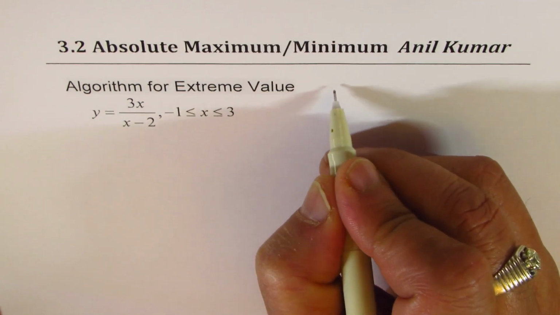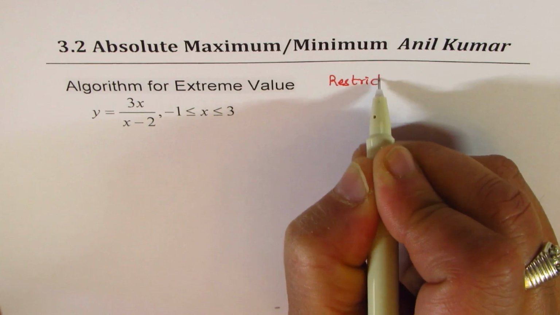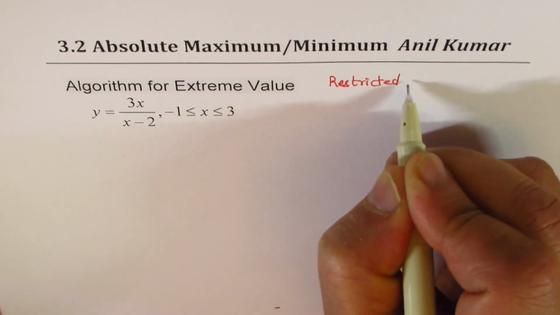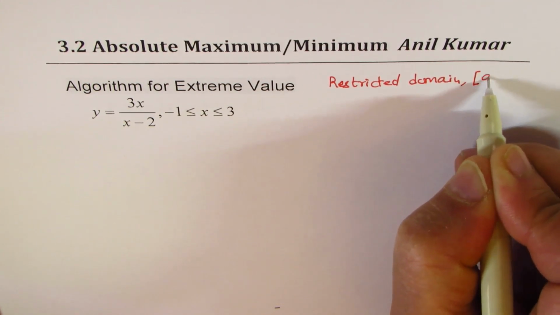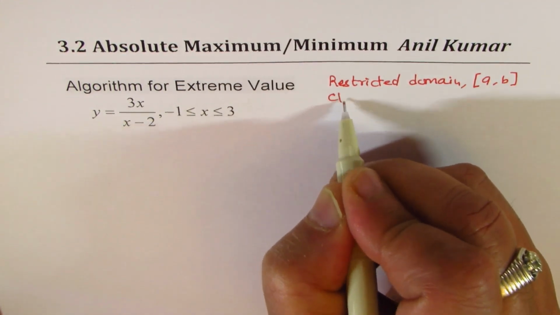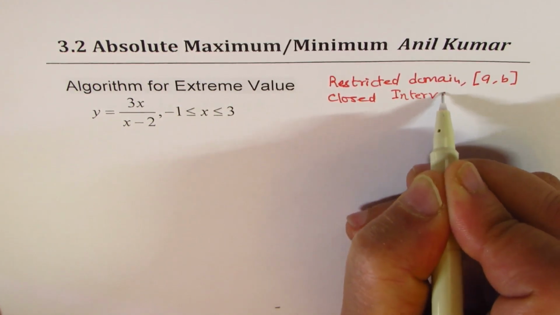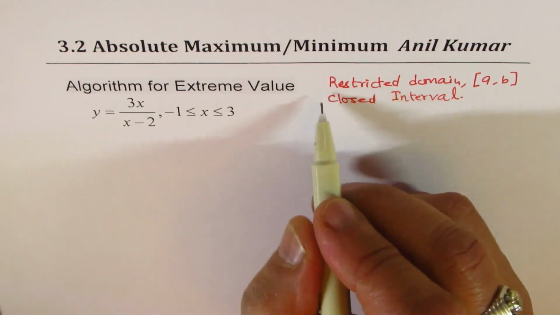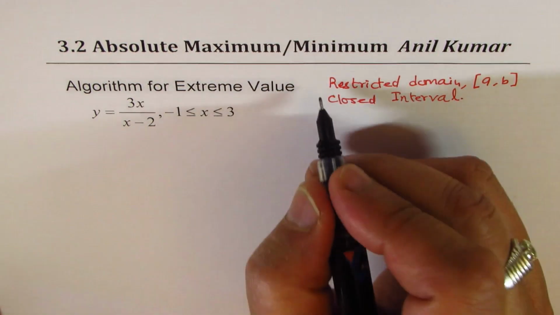The algorithm is that we should have a restricted domain, where both the endpoints are included. Closed interval, we say closed interval. So closed interval is the more popular word. Okay, one.